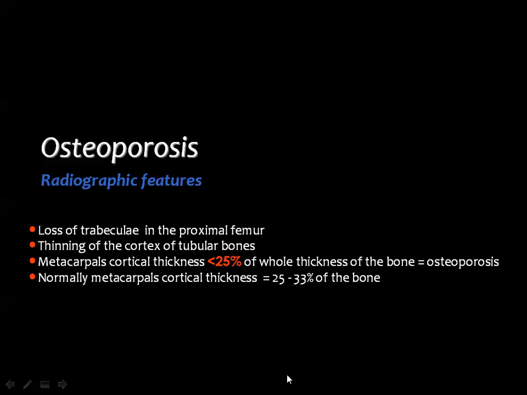Then these are the methods for diagnosis of osteoporosis, like loss of the trabecular bone in the proximal part of the femur, thinning of the cortex of the tubular bone, and this is known as the metacarpal index, which means the thickness of the cortex of the metacarpal bone compared to the thickness of the medulla, which means osteoporosis is diagnosed whenever you got more than 25% loss of cortical thickness.